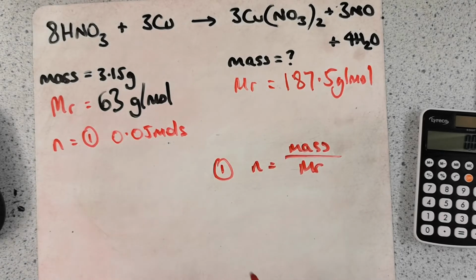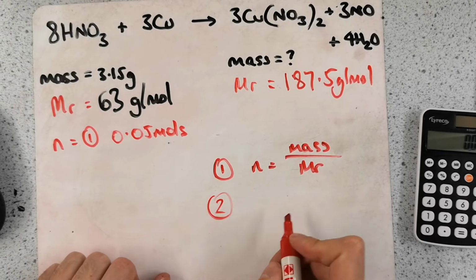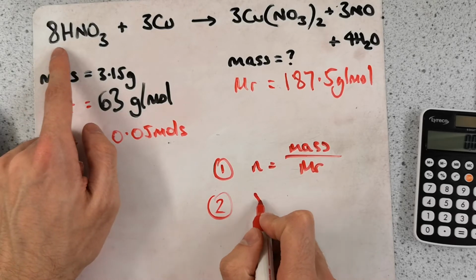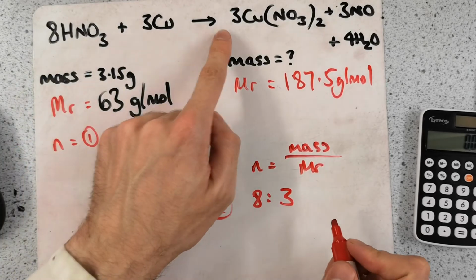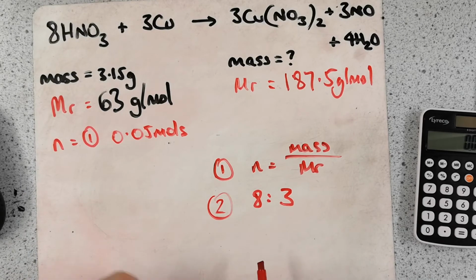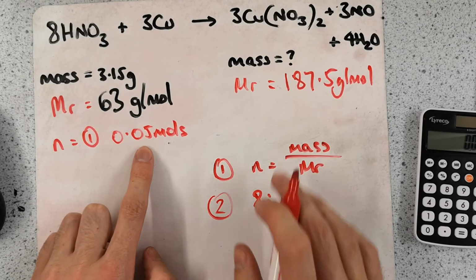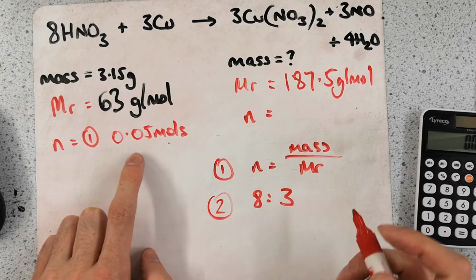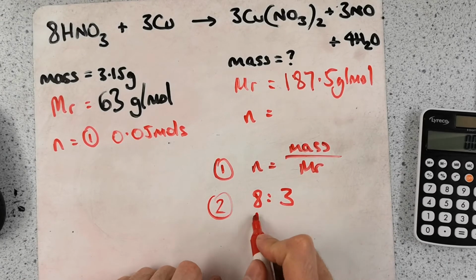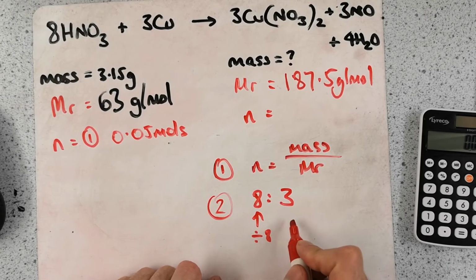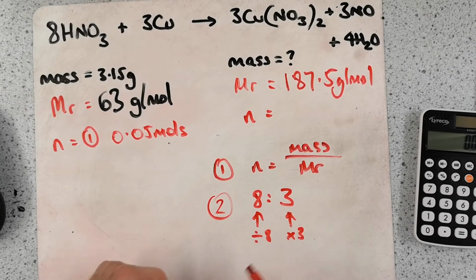Now then, this is a tricky bit with the stoichiometry, because the ratio is for every 8 of these, I get 3 of these. So what I'm going to do to this number of moles here, to work out the number of moles over here, is I'm going to divide it by 8, and I'm going to times it by 3.